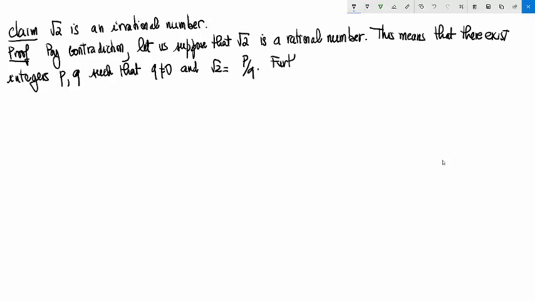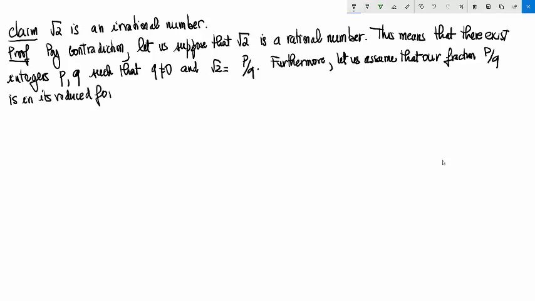Furthermore, let us assume that our fraction p over q is in its reduced form, that is, p and q have no common factor.